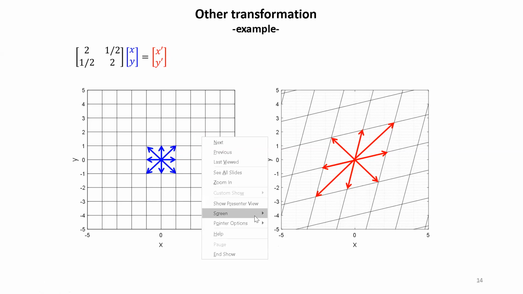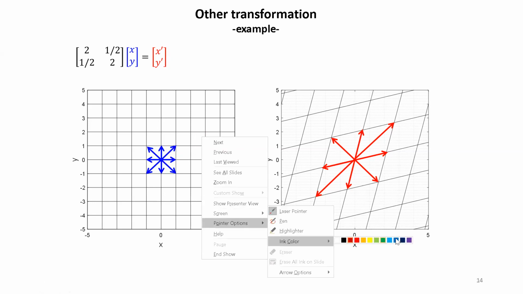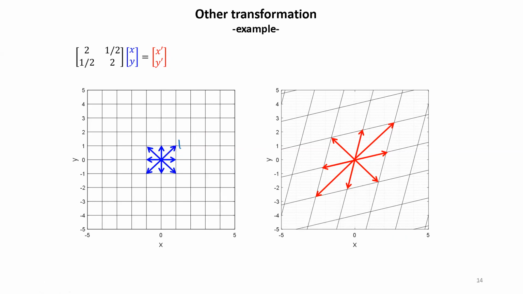So this vector number 1 here will give me this vector here. This vector number 2 here will give me this vector here. Number 3 here will give me this number 3 here. You can see that this is still some kind of transformation of a vector, but I just cannot give you a simple name or simple geometric description for it. But anyway, this is a transformation. And I will actually come back to this example later.